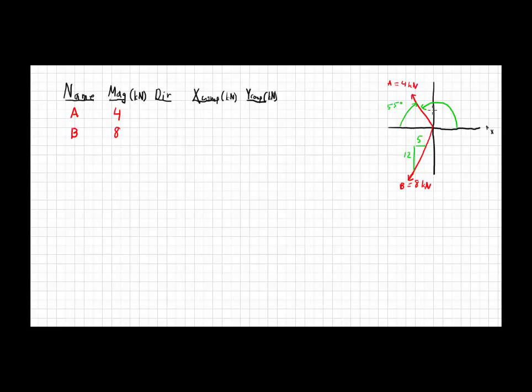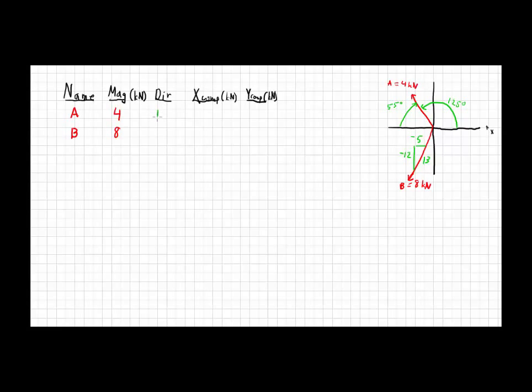So 180 degrees minus 55 degrees is 125 degrees. Now also look at force B. It is in the third quadrant, so both components are going to be negative. We also have to find the hypotenuse here, but this is a 5, 12, 13 right triangle, so that makes it easy.